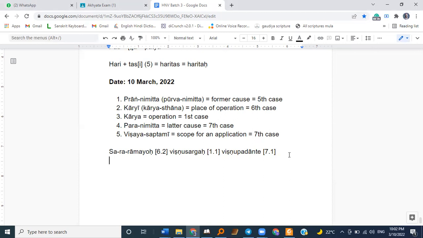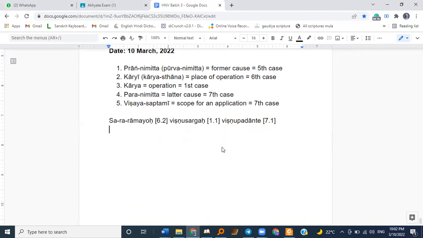Okay, so this is how we identify the sutras. Let's take a few more examples. Dashaavatarasya Trivikramashasi, let's take that one. Dashaavatarasya is 6th case. Trivikramaha is 1st, and Shasi is the 7th one.